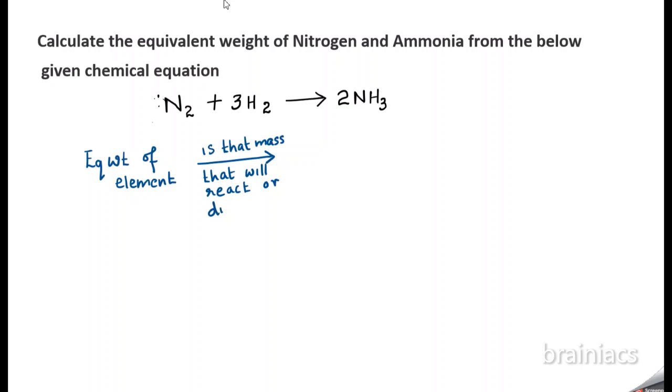Both are correct. Displace means it will be generated. That will react or displace.